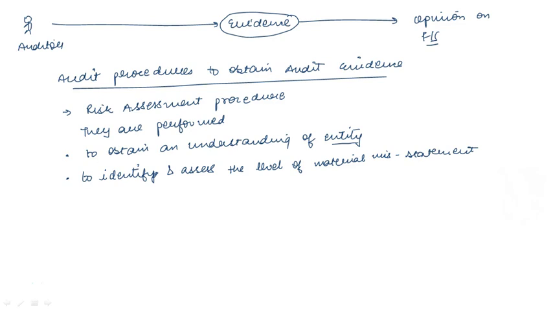That means the various kinds of misstatements available at financial statement and assertion levels, right? This is done so that you can understand where the risk is less and where the risk is more.